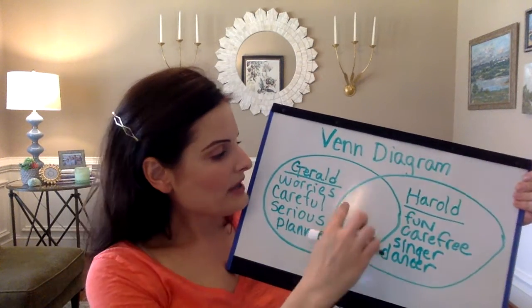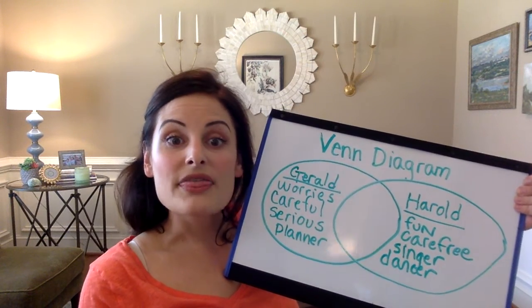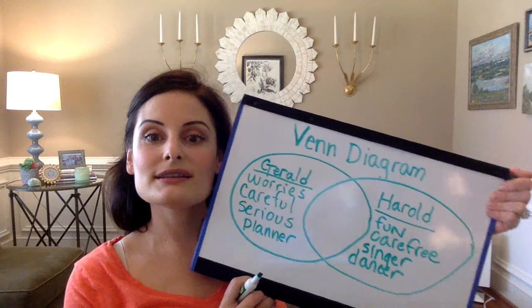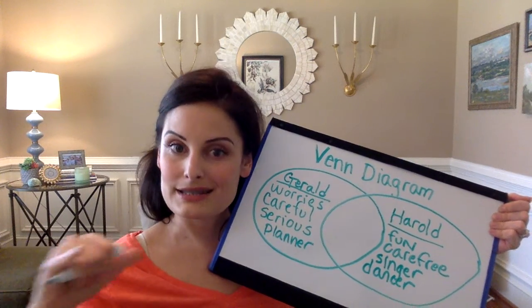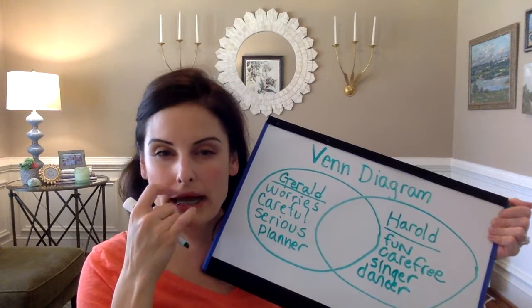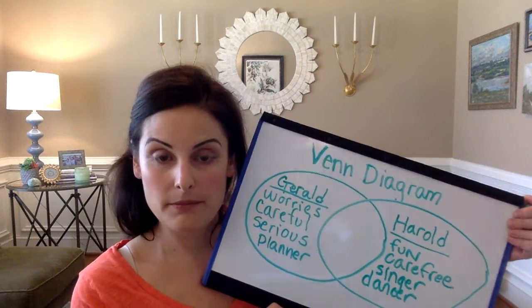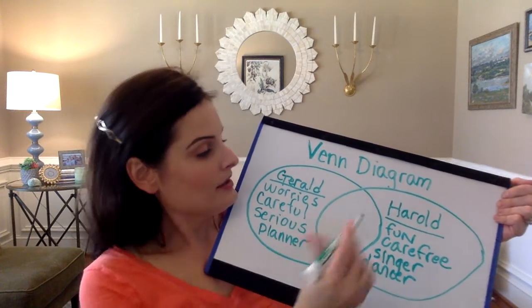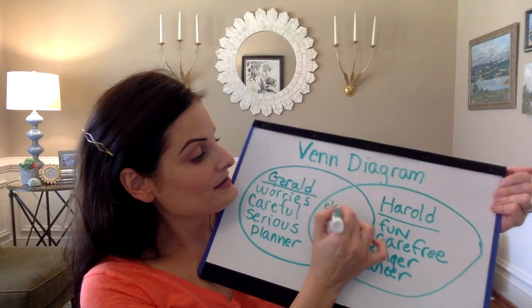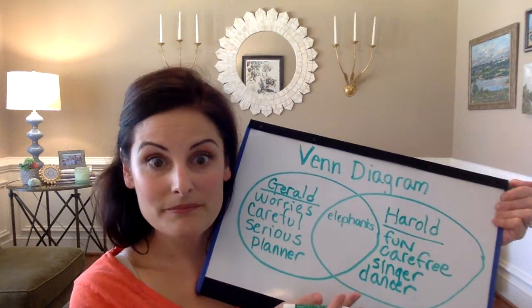Now, have you noticed that we haven't written anything in the inside here? That area is for things that Gerald and Harold have the same. What kind of things do Gerald and Harold have the same? Well, we figured it out last time. They're both elephants, right?